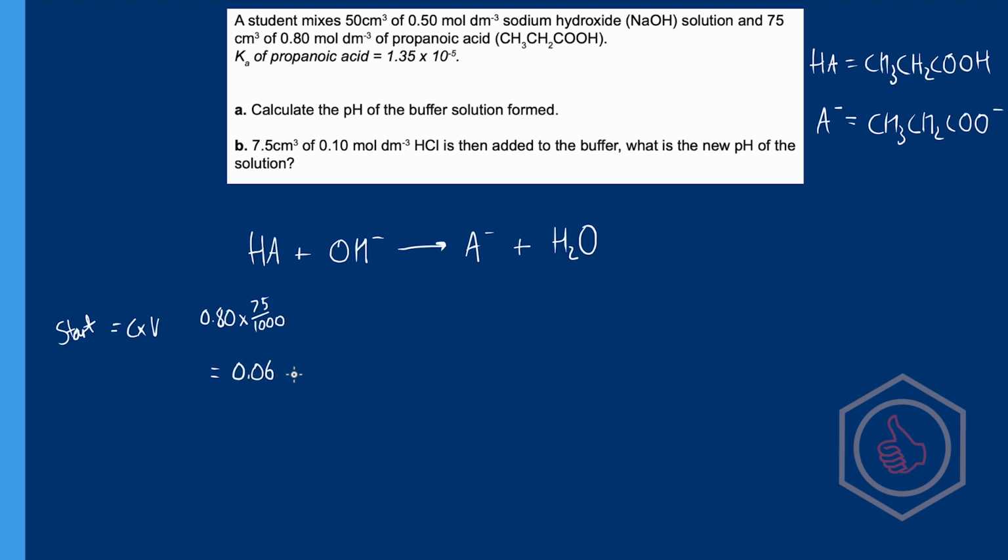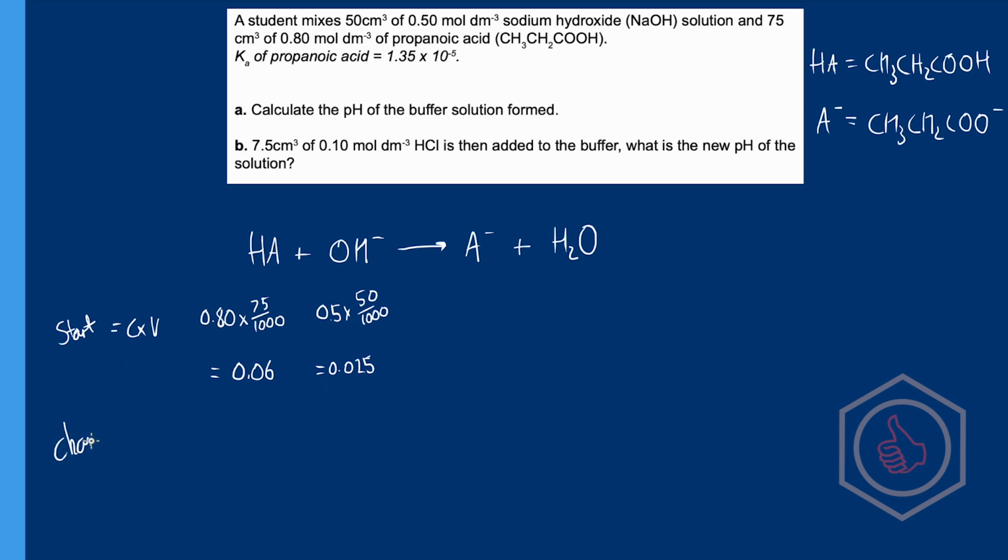Same idea for the moles of OH minus ions coming from the sodium hydroxide. The concentration is 0.5. The volume 50 divided by 1000, which gives us moles of OH minus ions of 0.025. Now, we can see here that the OH minus ion is the limiting reagent, which means all of the 0.025 moles of OH minus ions are going to react with the HA.